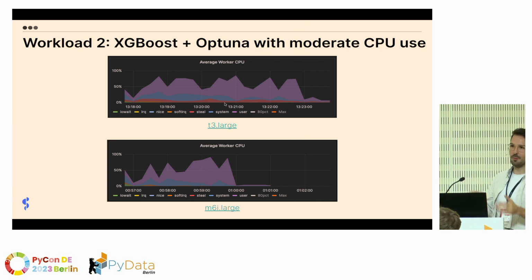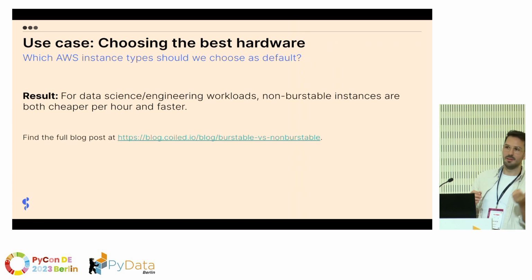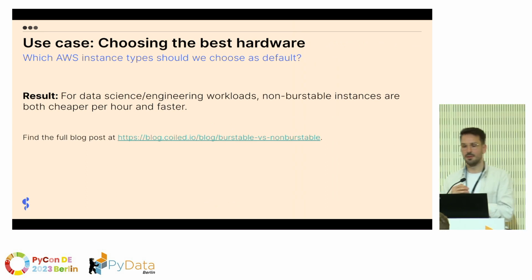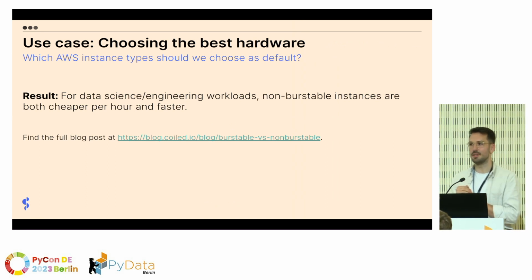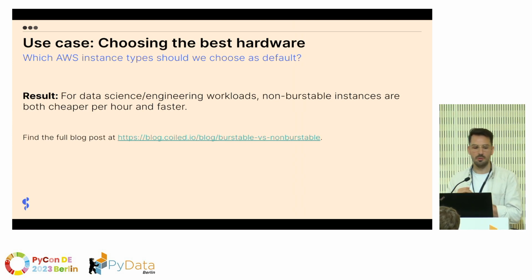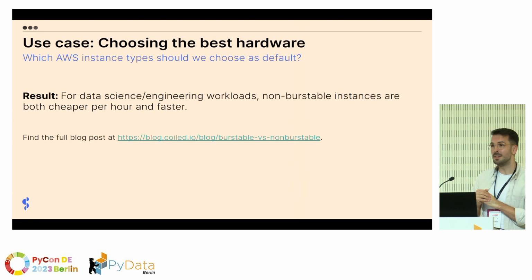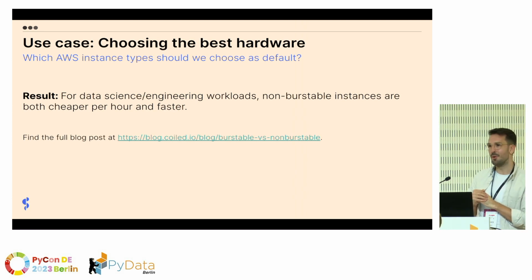And by comparing those kinds of workloads and then digging a bit through the documentation, we were able to figure out that, first of all, yes, those T3 large instances are worse for data science and data engineering workloads because they have worse hardware when it comes to I/O. And also, they're cheaper, but if you use a lot of CPU, they actually become more expensive.